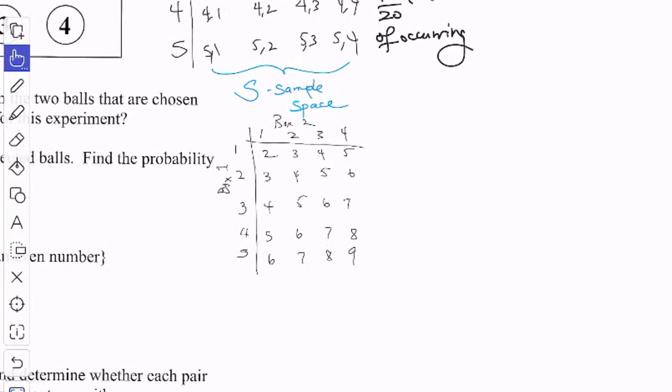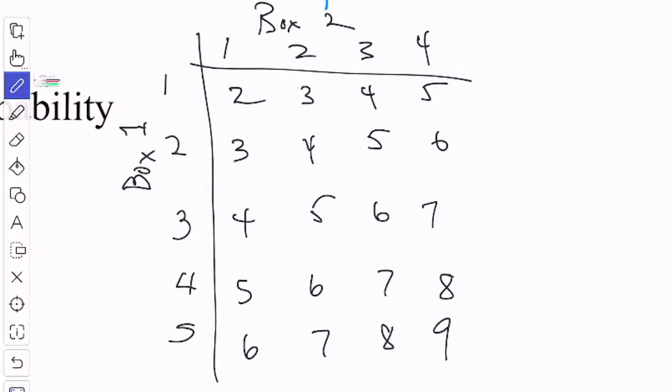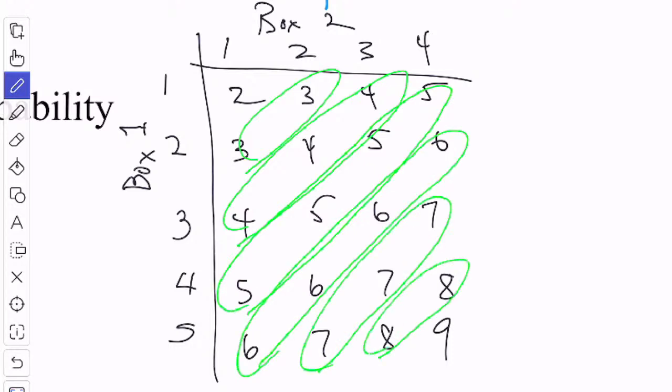So what do we do here? What we have to do is identify how many of each type. So let's do that. There's 2 3s, there's 4 4s, there's 5 5s, there's 4 6s, 3 7s, 2 8s, and 1 9, and 1 2. All right, so those are the possible outcomes: 2, 3, 4, 5, 6, 7, 8, and 9 with different probabilities.